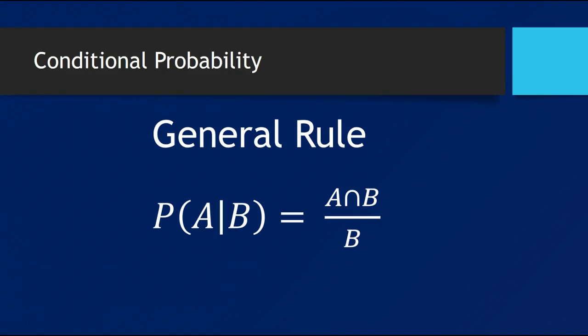Probability of A given B: take all the things that are common to both A and B, and then divide by all the things that are in B. That is, the total number of things in A and B divided by the total number of things in B. So notice that the given part goes on the bottom. We're given B, that's in the denominator.